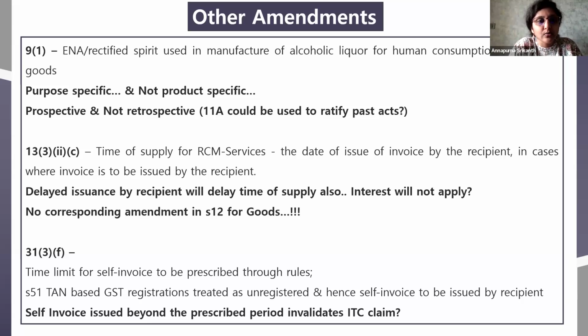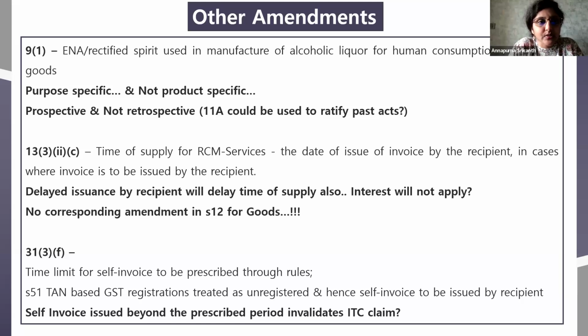Only if the usage of this particular product is with respect to manufacture of alcoholic liquor for human consumption, only then would this not be subject to the GST levy. This appears to be a prospective amendment to me and not retrospective, and for past acts, probably 11A could be used to ratify the past acts. Maybe, I mean, that is a thought process.